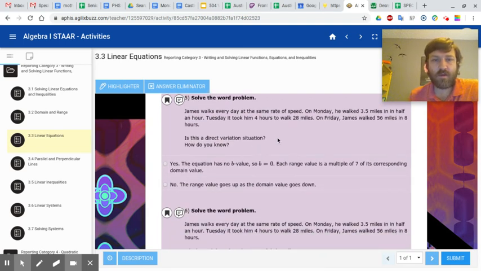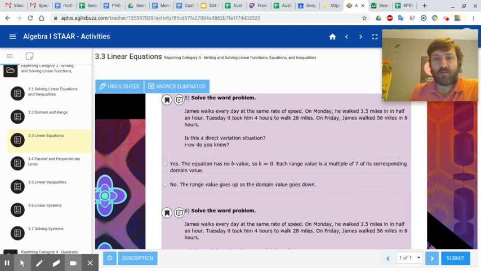All right. James walks, same information at the beginning. Is this a direct variation situation? Direct variation basically means that the change in one mirrors the change in the other. So if one goes up, the other goes up. It doesn't mean that they're the exact same amount, but if one goes up, the other goes up.